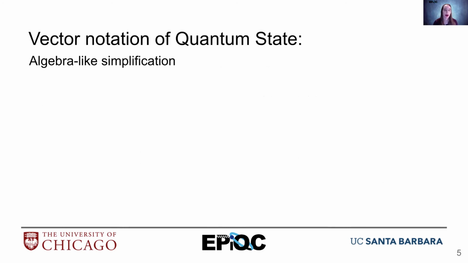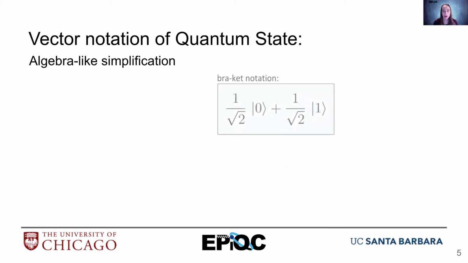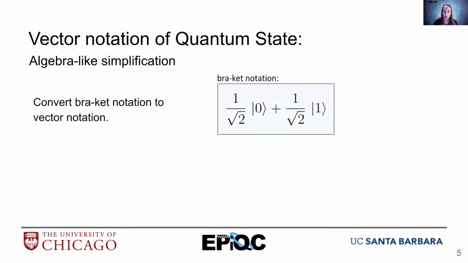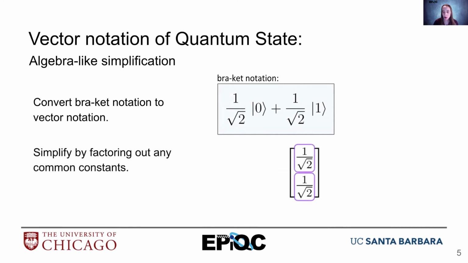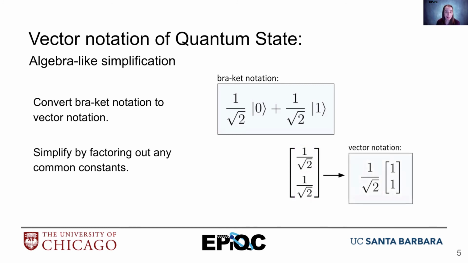Okay. All right, so we also have algebra-like simplification for vector notations, and these ones we will do. So remember this bracket notation. So if I have 1 over root 2 and 1 over root 2, I can factor out this 1 over root 2, but I don't remove it, I just take it out of the brackets. Okay, so this we will be seeing in this class.